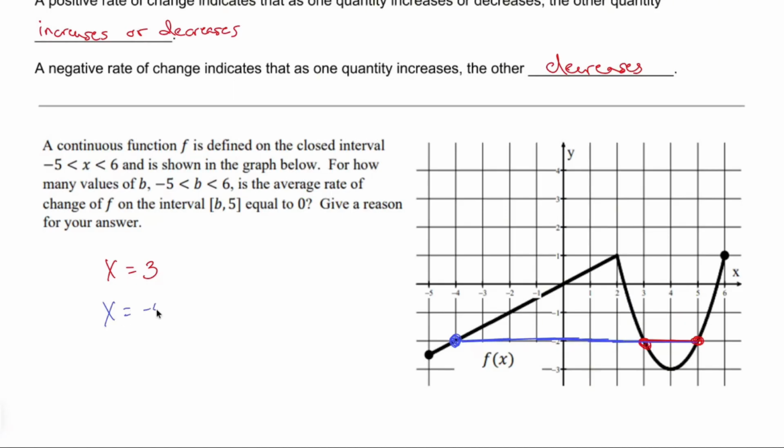So at -4, we create ourselves another average rate of change of 0. So is it asking for how many values of b? 2 values. And the reason why is from here you get a straight flat horizontal line, and from there you get a horizontal line as well. Horizontal lines everywhere.